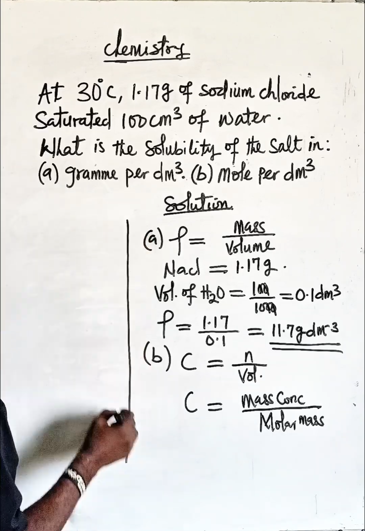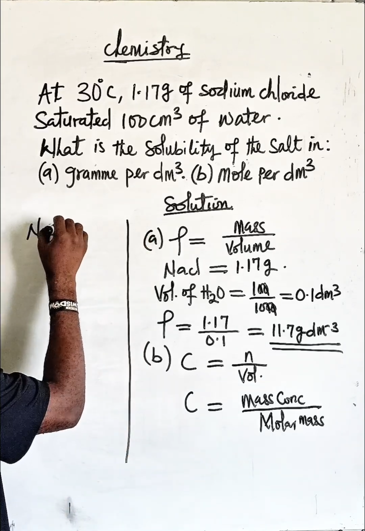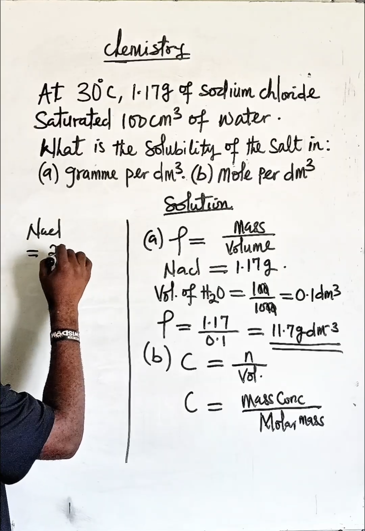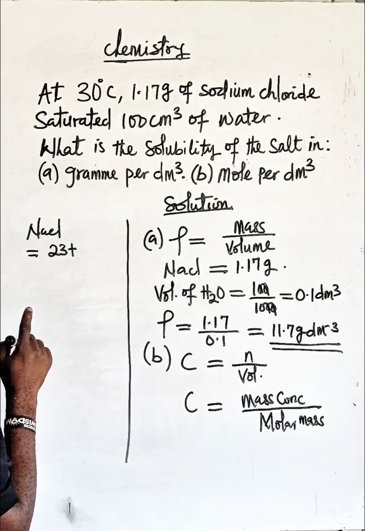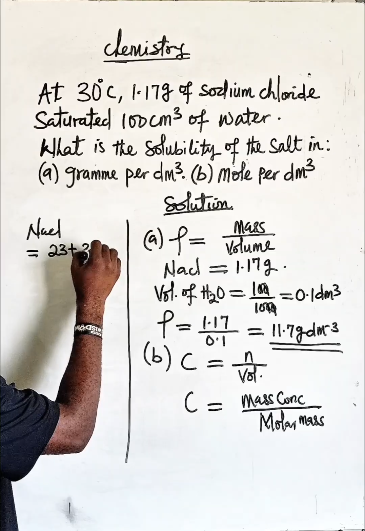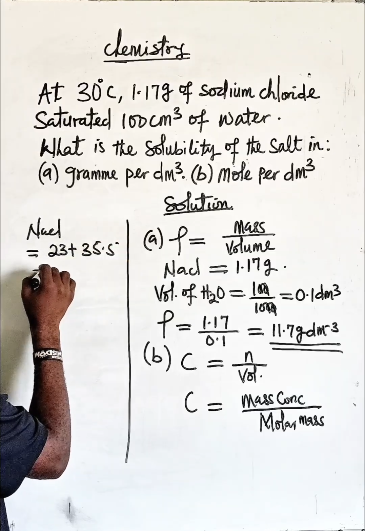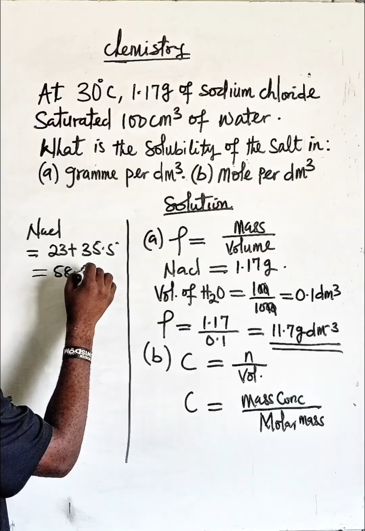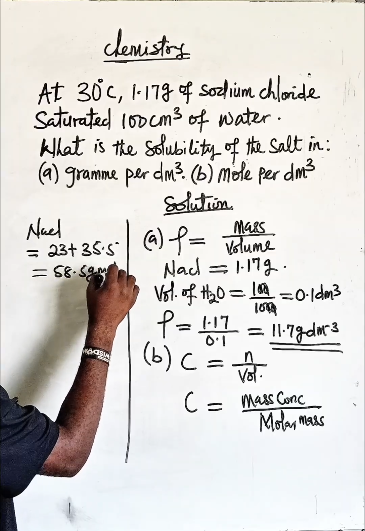So the molar mass of sodium chloride is equal to, now sodium is 23 plus chlorine, the atomic mass is 35.5. So when you add the two, you're going to have 58.5 gram per mole.